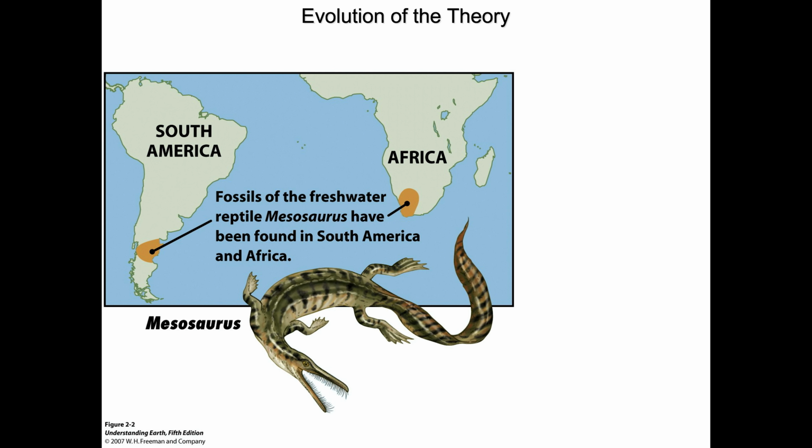Because these are freshwater reptiles, they didn't swim across the Atlantic to occupy both of these places. It's very strong evidence that this land was connected to this land when they were both freshwater environments. So we have this fossil evidence, again, throughout the world, not just this one location, this one example. There are lots of examples.